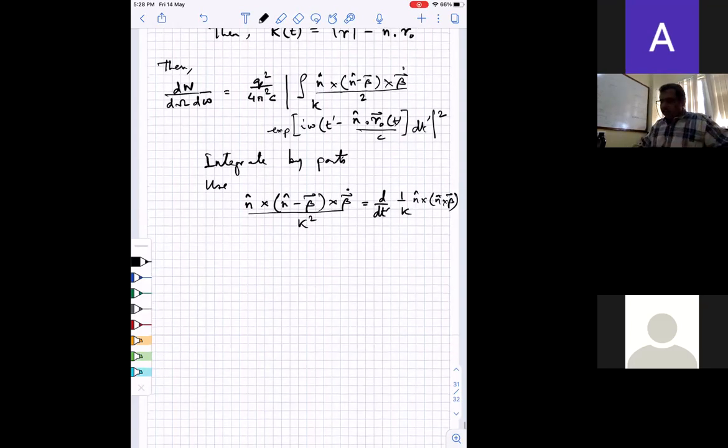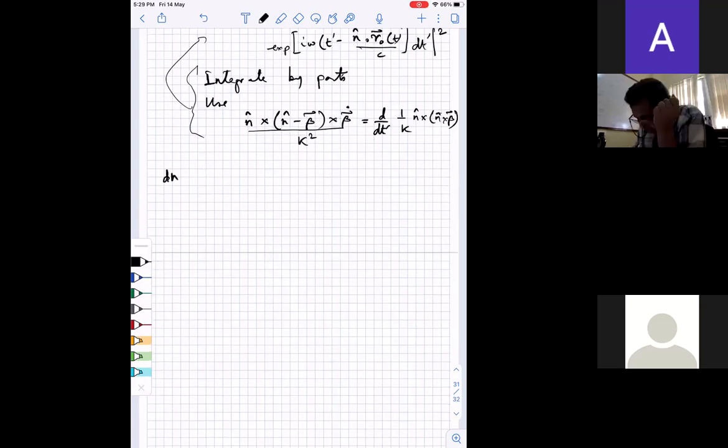So this equality comes in. You can verify that this comes in. So then what you get is this.